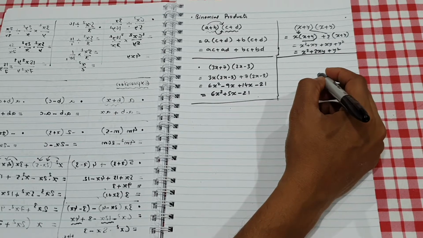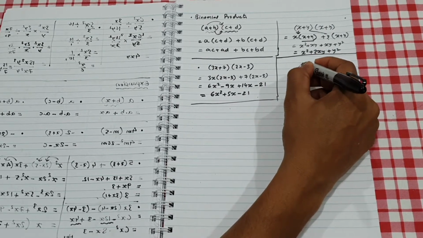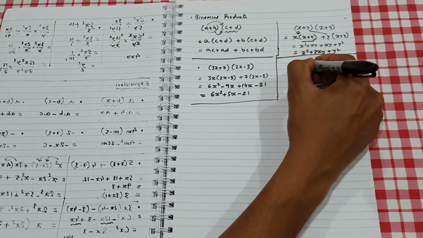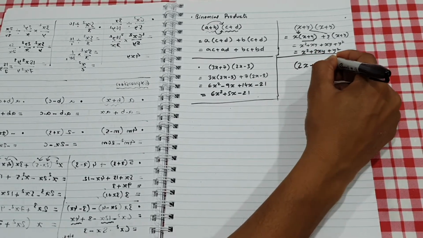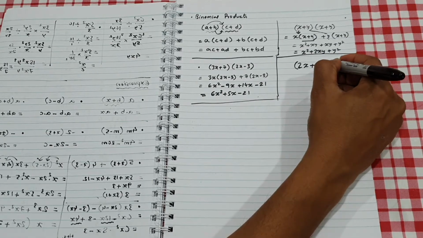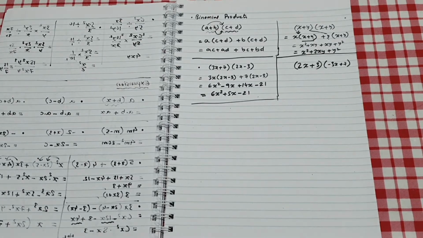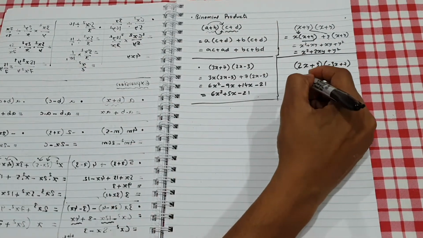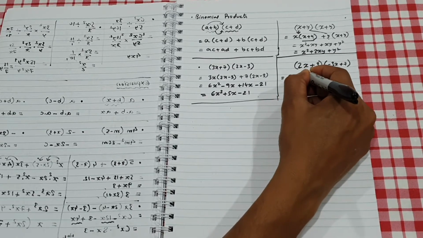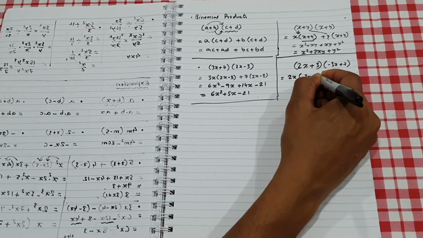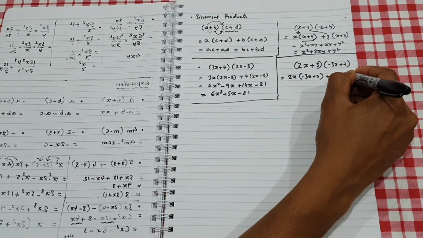Right? Let's say we have something like 2x plus 3 and minus 3x plus 7. Process remains the same. 2x times minus 3x plus 7, plus 3 times minus 3x plus 7.